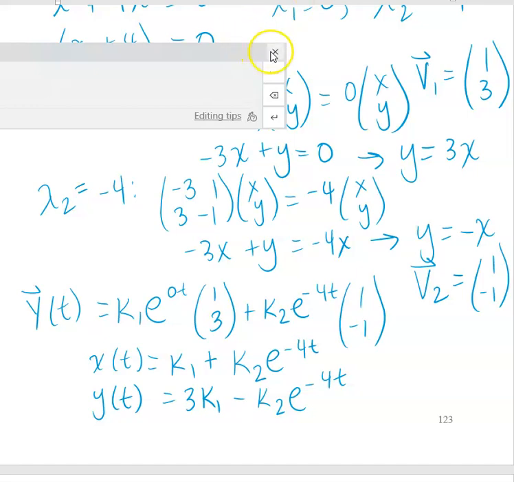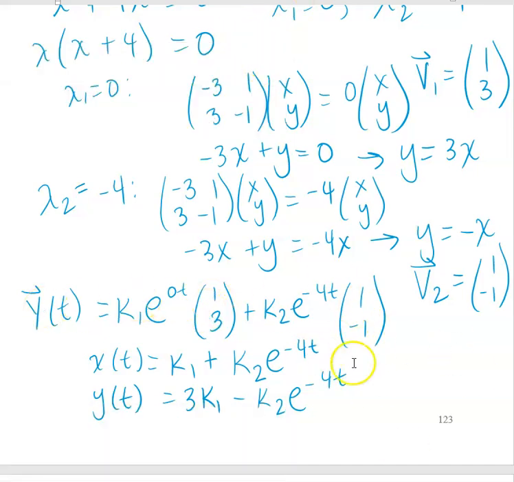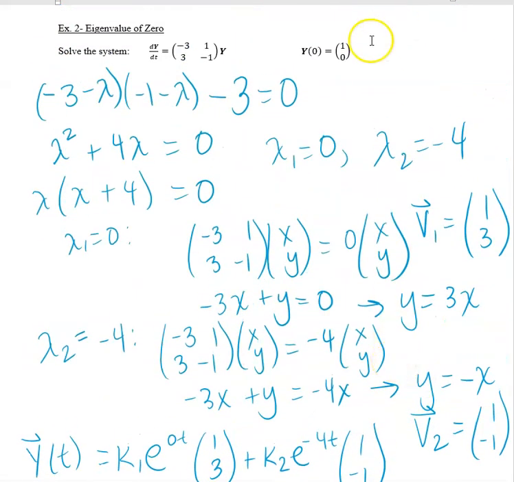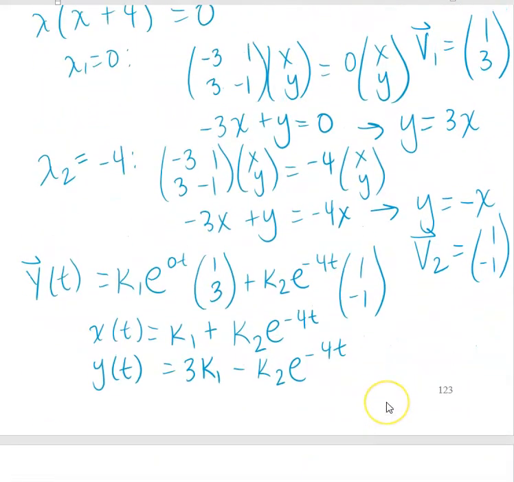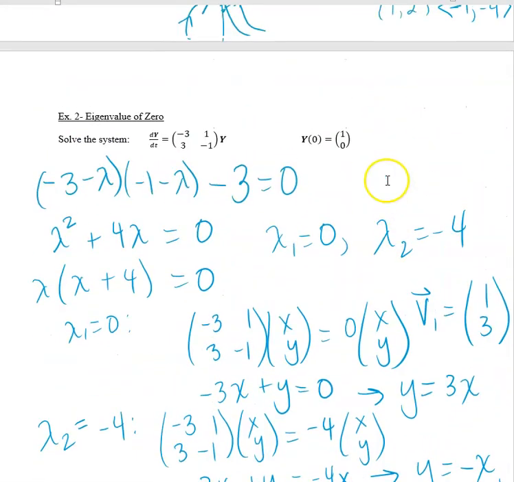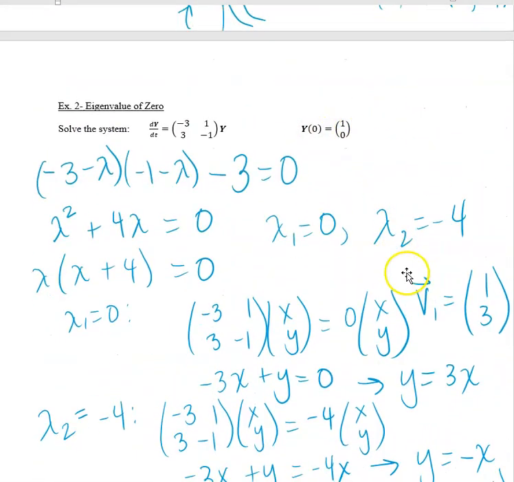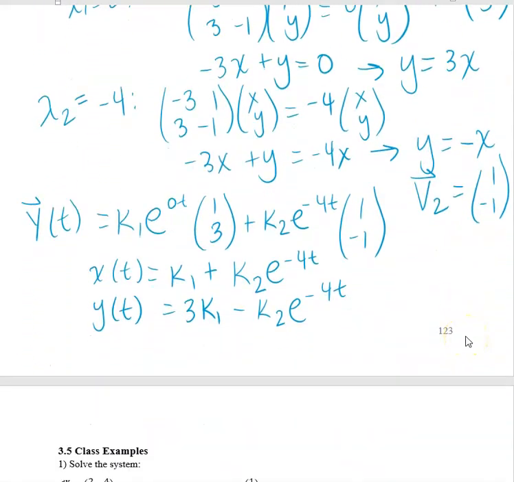Now, if it had just asked for the general solution, I would have just left it in that original version, but they gave us an initial condition, so I'm going to go ahead and use that to solve for my k values. I'm going to skip some of the details here, but basically, when t is 0, the x component is going to be 1, so we're going to have 1 equals k1 plus k2, right?